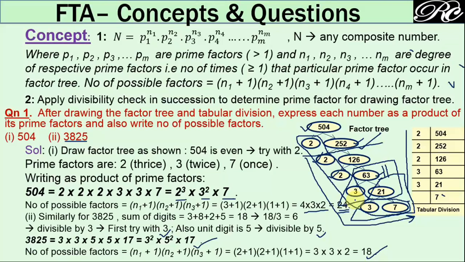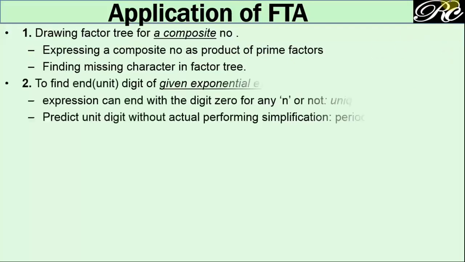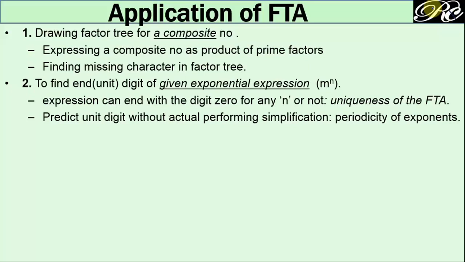Now based on this concept, writing the factor tree, counting the exponent, various applications are there, those things we have to see. So what are the applications of the fundamental theorem of arithmetic? Broadly there are 5 categories of application, and about each we have to discuss. So the very first is writing a composite number as a product of prime factors. The next category is, for a given exponent we can predict the unit digit.